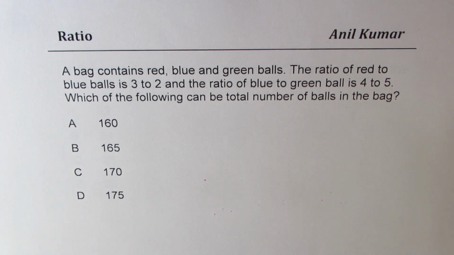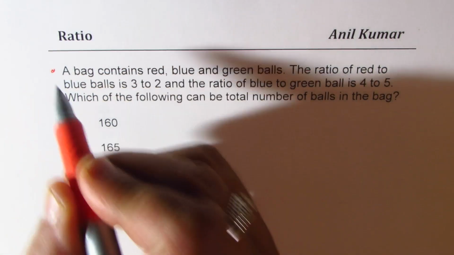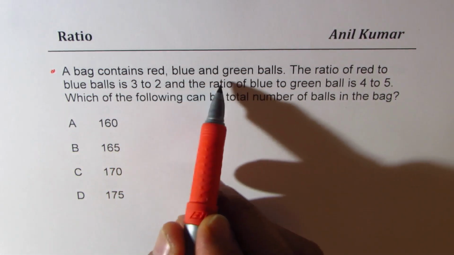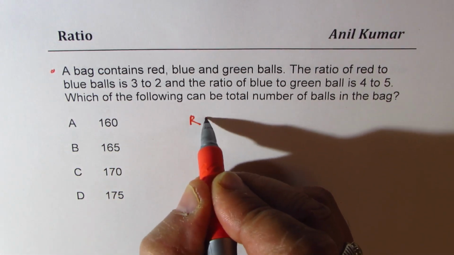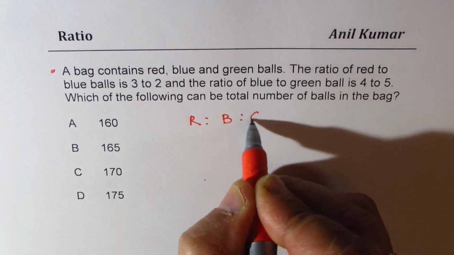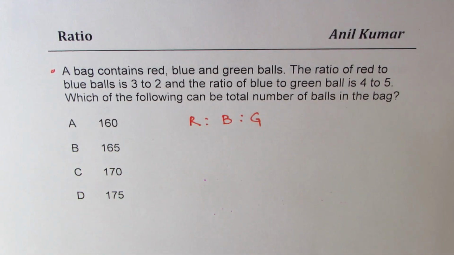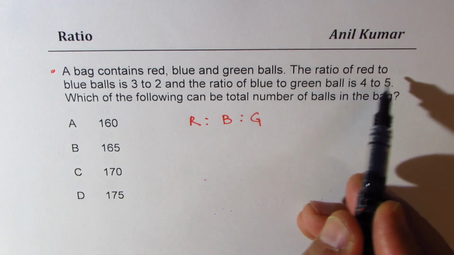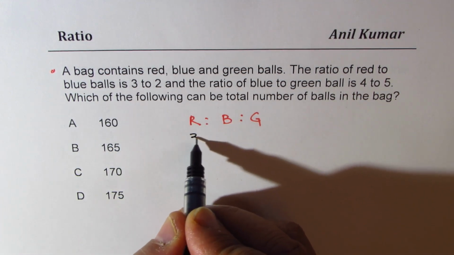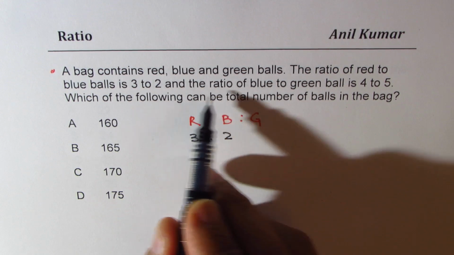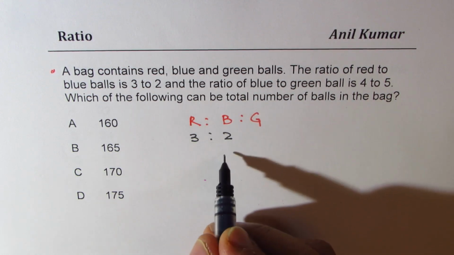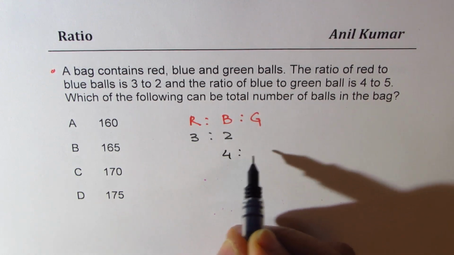The question here is, a bag contains red, blue, and green balls. So we have 3 types of balls, red, blue, and green. The ratio of red to blue balls, so let's write down the ratios now. Ratio of red to blue is 3:2. And the ratio of blue to green is 4:5.